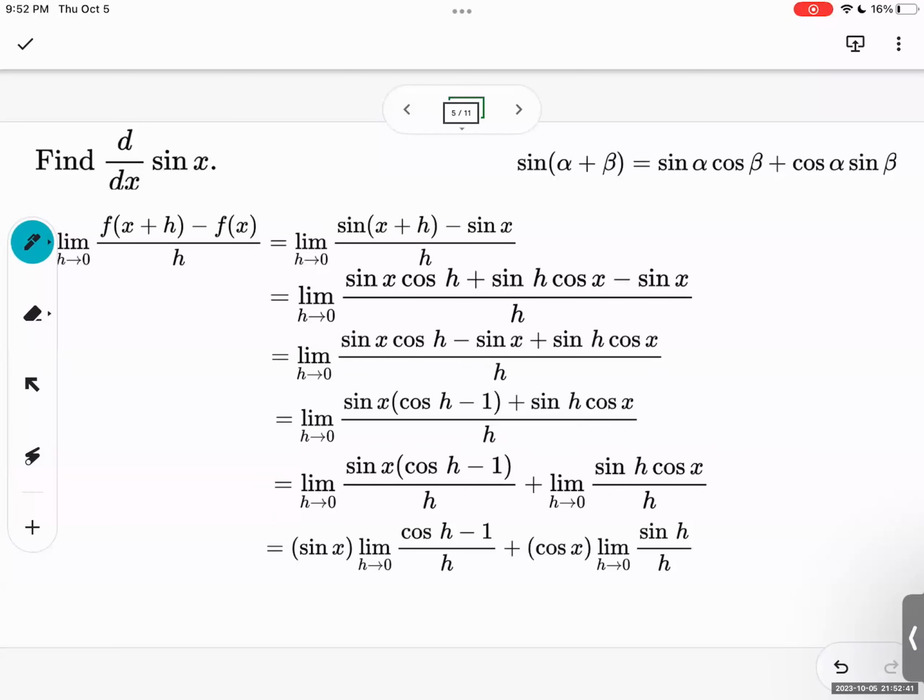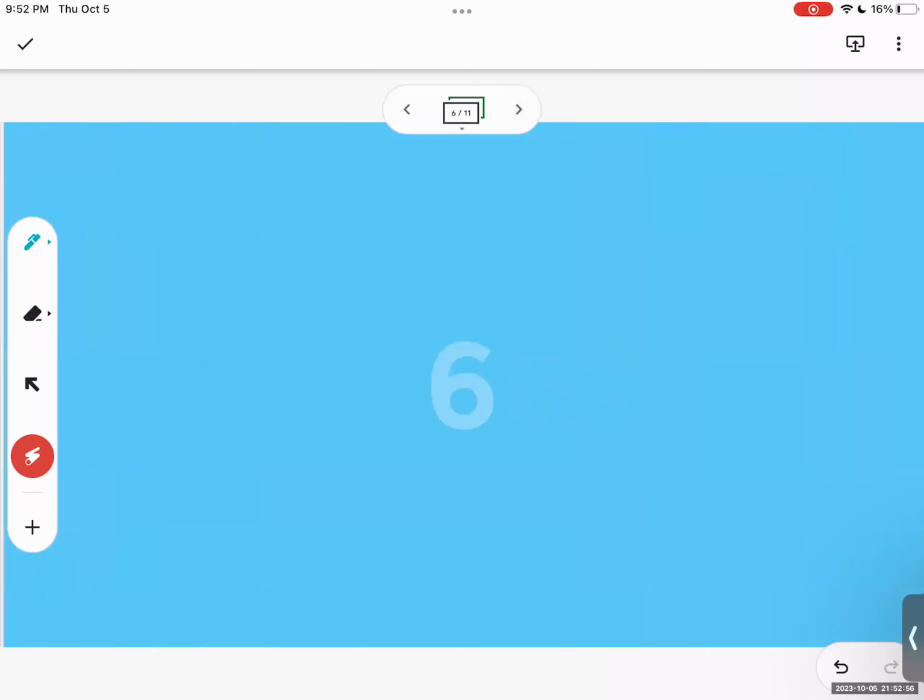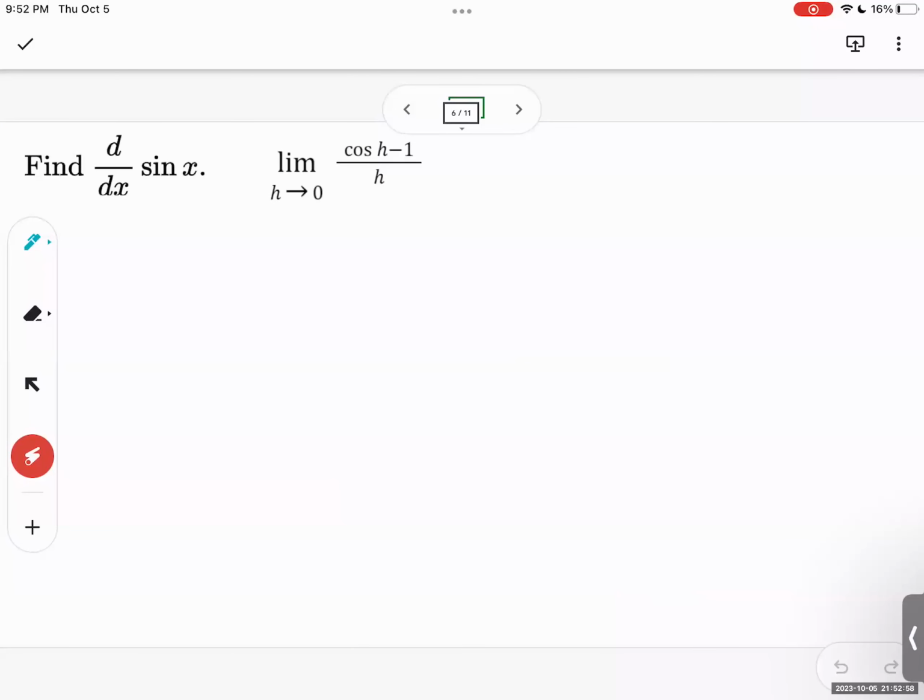So for homework, you proved that the limit as h approaches 0 of sine h over h was equal to 1. So now we will take the limit as h approaches 0 of cosine h minus 1 divided by h. So we need to prove this limit.